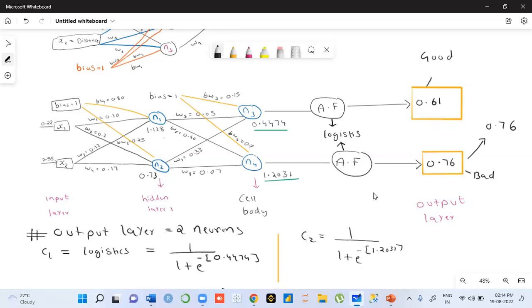If you take 2 neurons, it means here we have 2 levels, good and bad, so we get one probability for good and one for bad. If you take 1 neuron in the output layer, we get an answer only for bad prediction, because our objective is to find the chance that the customer will become bad. That is our objective. Till you clear? So one weight we will define. 1 minus probability.